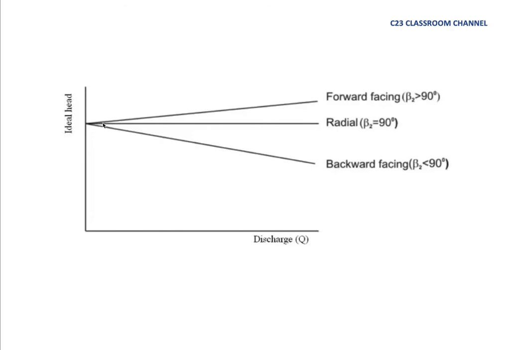And if we have a radial, it's not significantly changed, but for forward blade, we found that if we increase the discharge, the flow rate inside the pump, the ideal head can be increased.